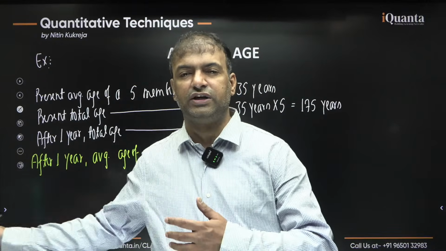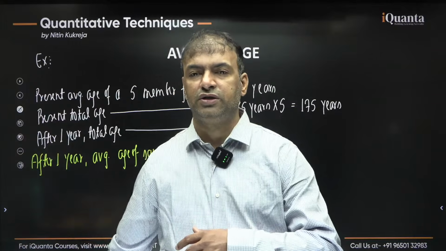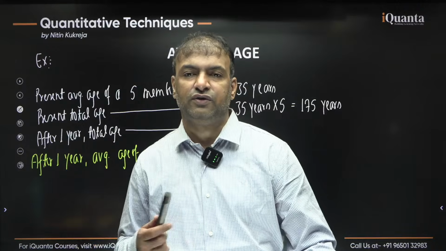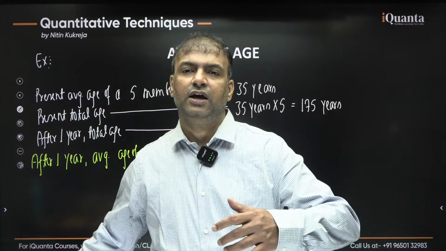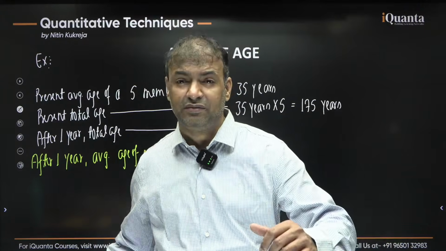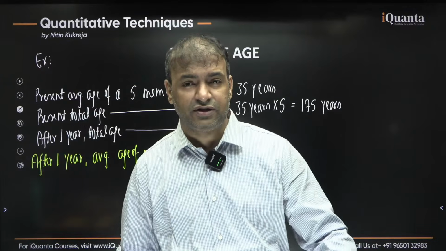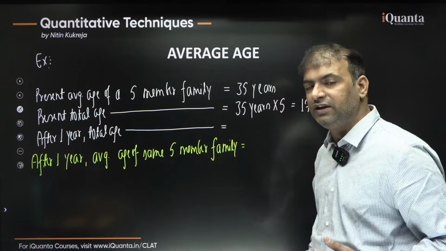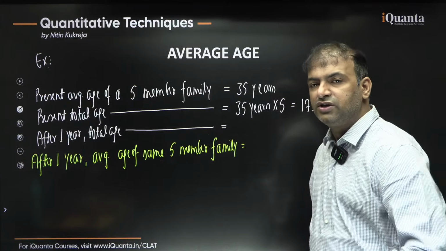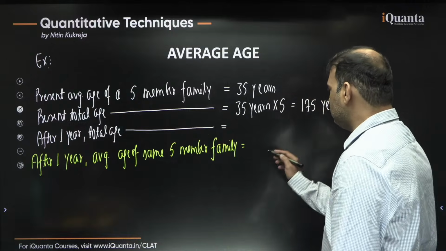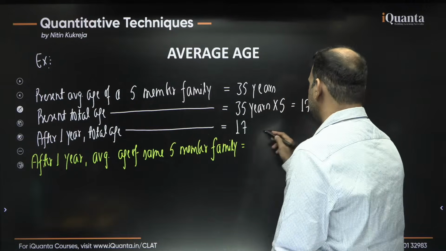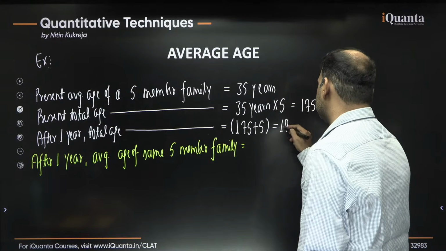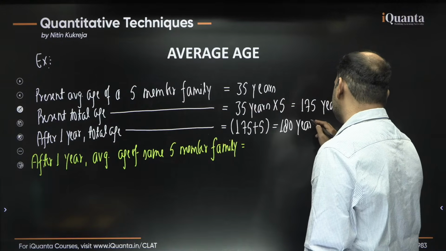After 1 year, the age of each member should increase by 1 year, and we have 5 members, so the total age should increase by 5 years. That means the total age should be 175, which was previous, plus 5, which you can say is 180 years. Simple, right?